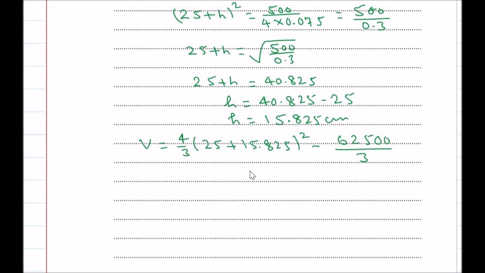Now if you simplify this, we get V equal to 69889.6486 and so on. So in 3 significant figures it is 69900. So let us put it in the box because this is your final answer.